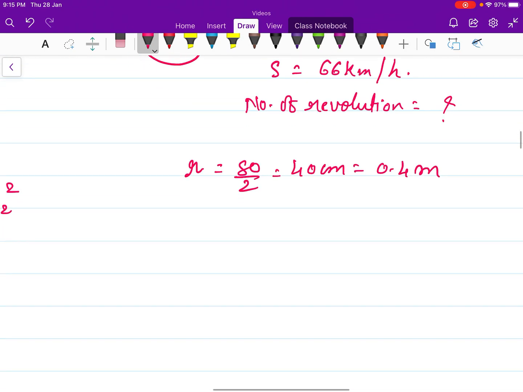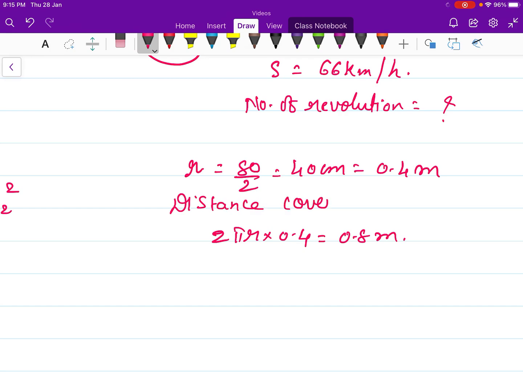Now the distance covered by the wheel to complete one revolution is 2 pi r, which is 2 pi into 0.4, which is equal to 0.8 pi meters.